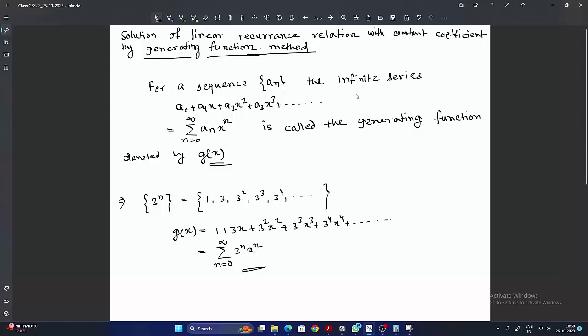That series is the generating function corresponding to that sequence. Is it clear? Given a sequence, you can build the series.